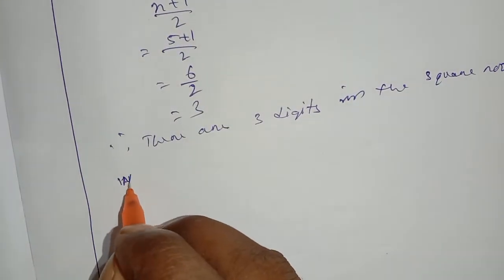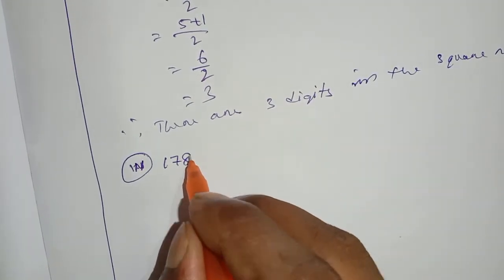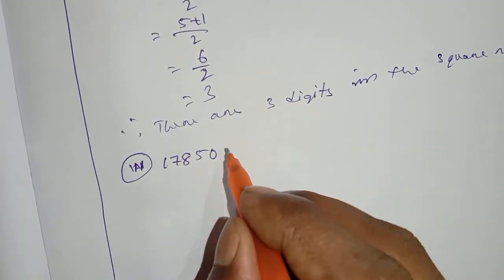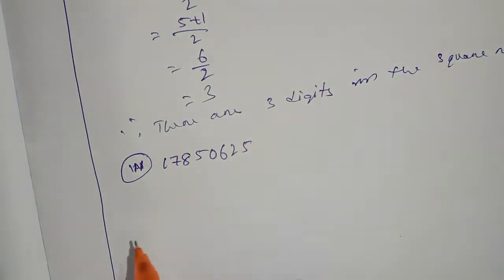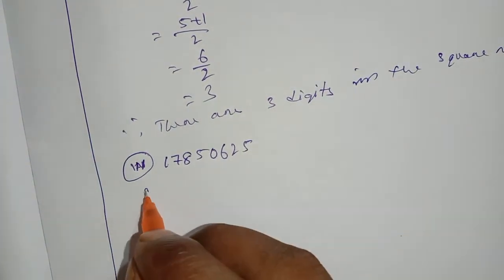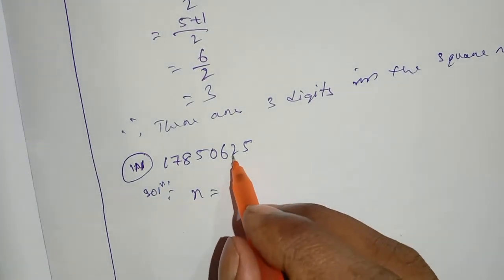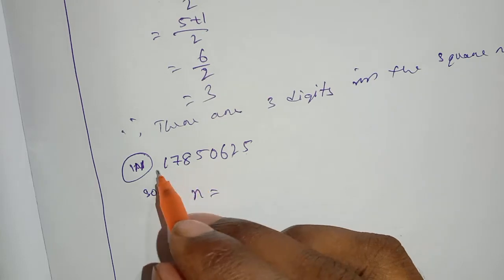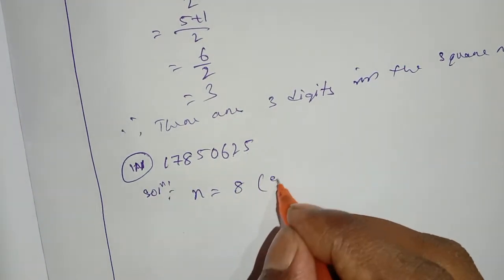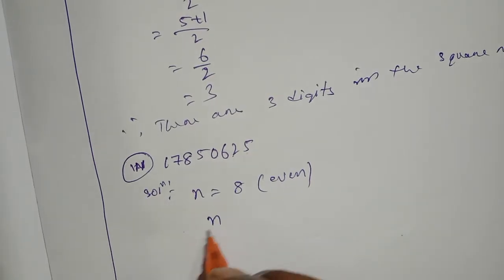Next, number 3. Sorry, number 3 is given: 17850625. Okay, now here the solution. n equals what? Count 1, 2, 3, 4, 5, 6, 7, 8. So 8. Now this is even. If even, then what formula? n by 2.